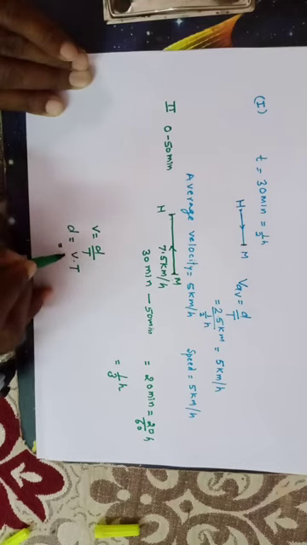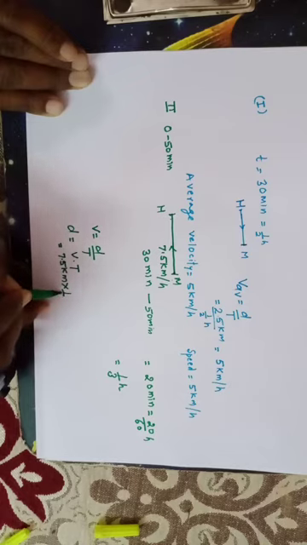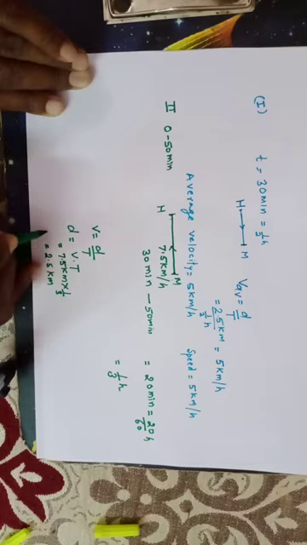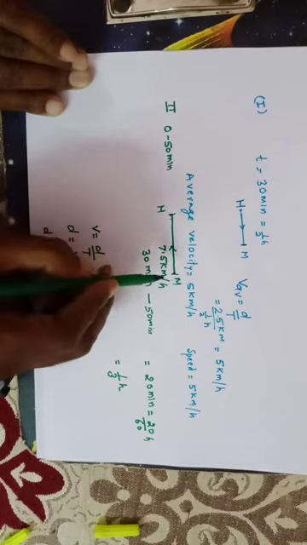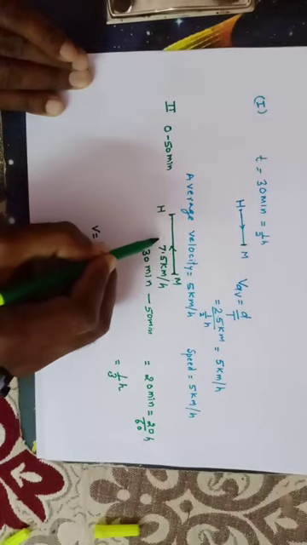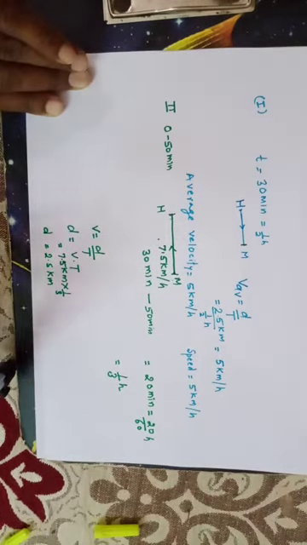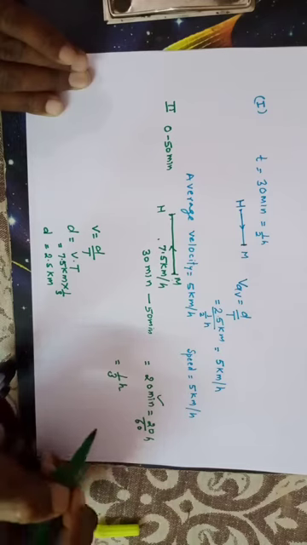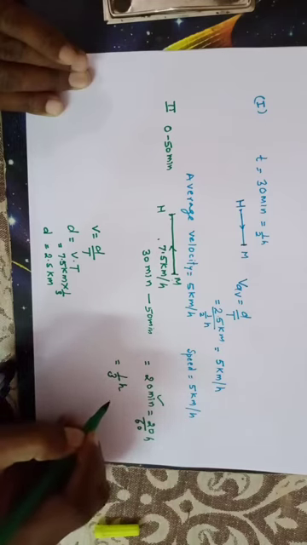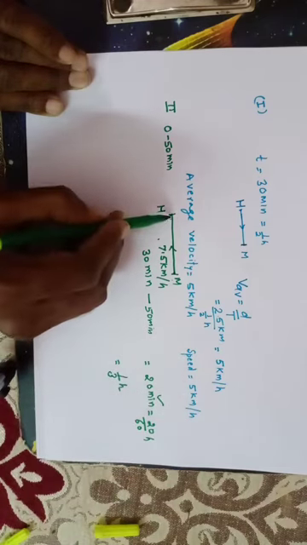Velocity is 7.5 km per hour into 1 by 3, so the distance will be 2.5 km. That means if he goes with this speed 7.5 km per hour for the next 20 minutes, that is 1 by 3 hour, he will return back to home.